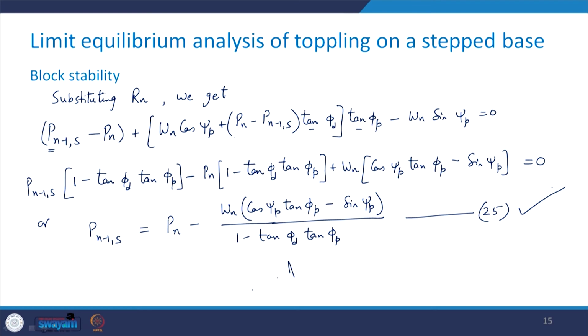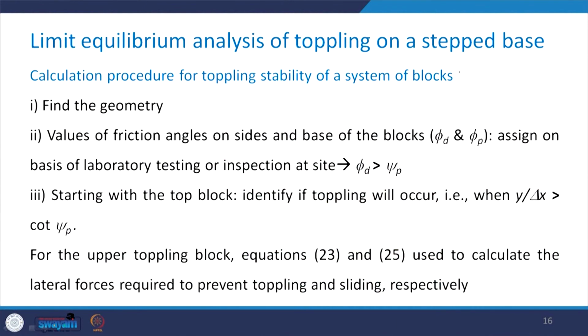So now after knowing how we can calculate this Pn minus 1 for the nth slide which is undergoing either the toppling or the sliding, let us try to see how to go ahead with the complete analysis as far as the toppling failure of the slopes is concerned. So it is like calculation procedure for toppling stability has been given here.